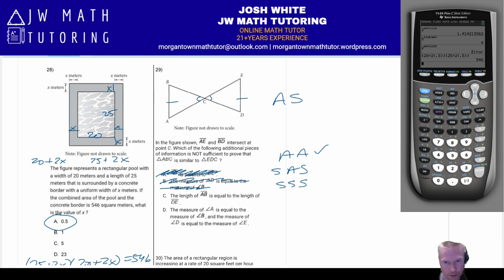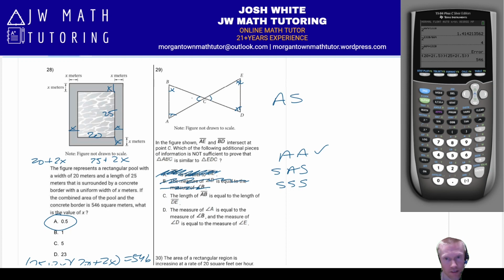And then in D, the measure of A is equal to B and D is equal to E. So A and B are congruent, and D and E are congruent. So here's the thing. Notice that here we don't have pairs of angles between the corresponding triangles congruent, like B to D and A to E. However, it does actually turn out to be the case that they are.